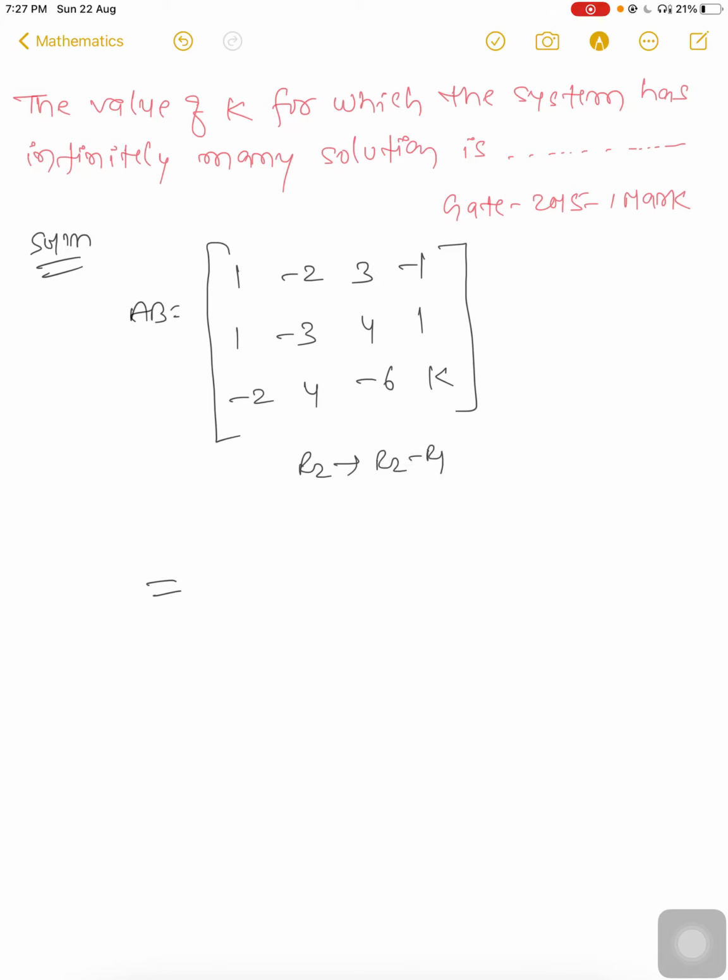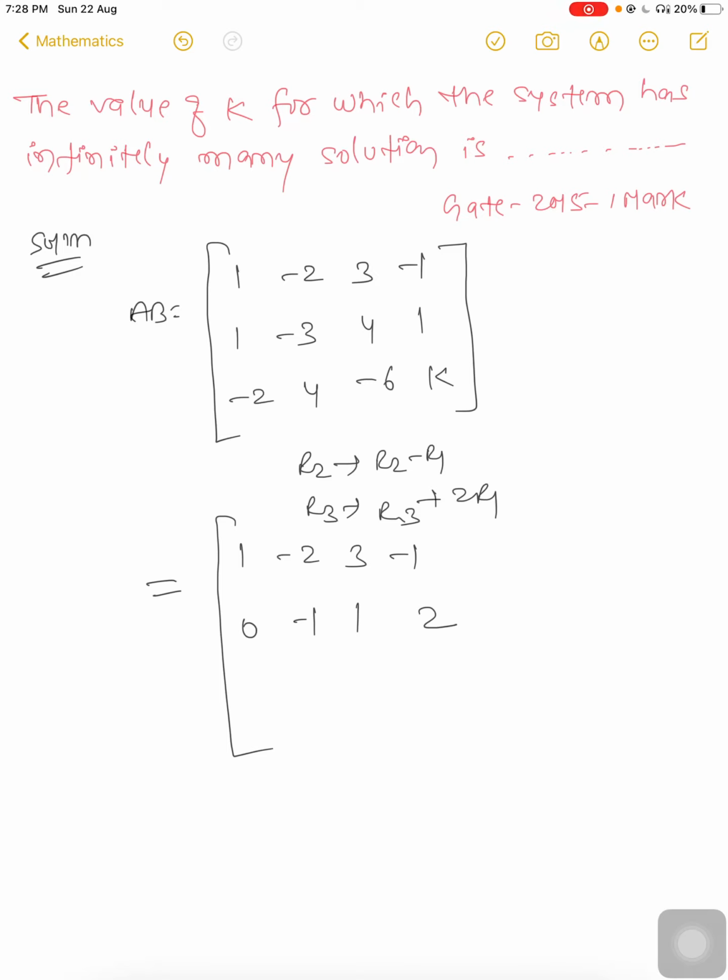R2 make by R2 minus R1 and R3 make R3 plus 2R1. Okay, then 1 minus 2, 3 minus 1 and R3 this one 0. You will get minus 1 and here you will get 1.